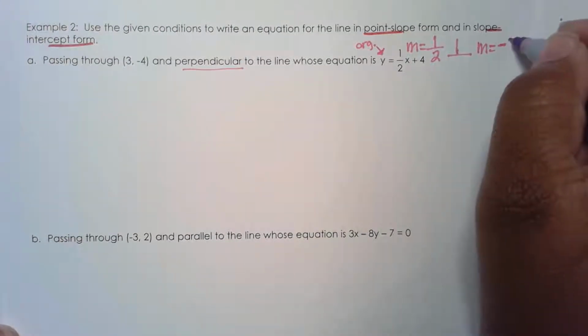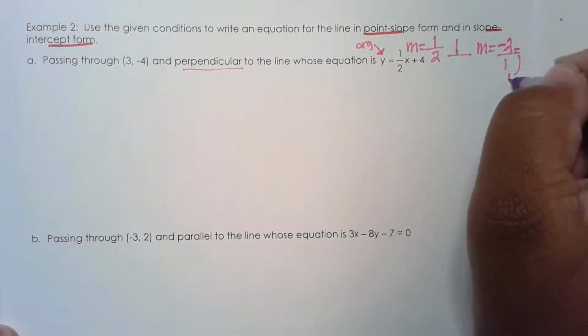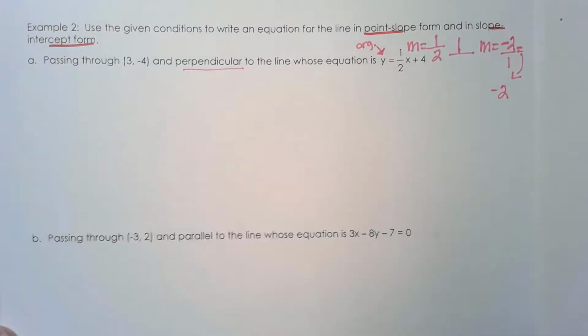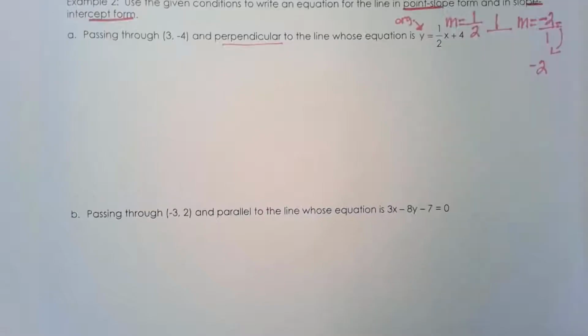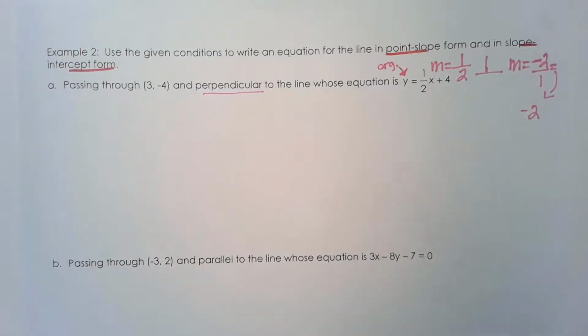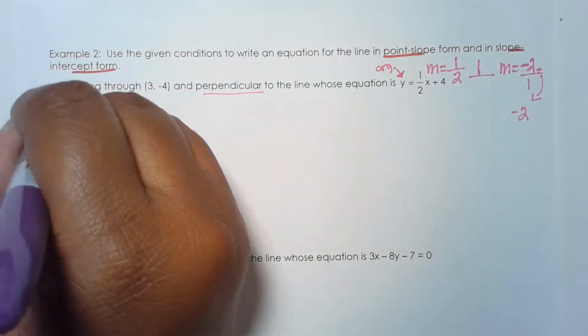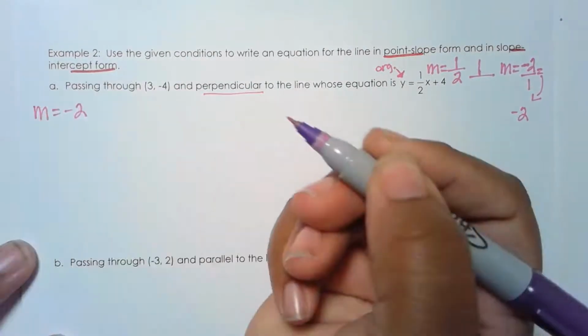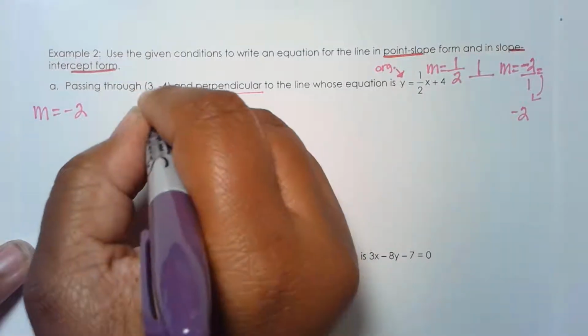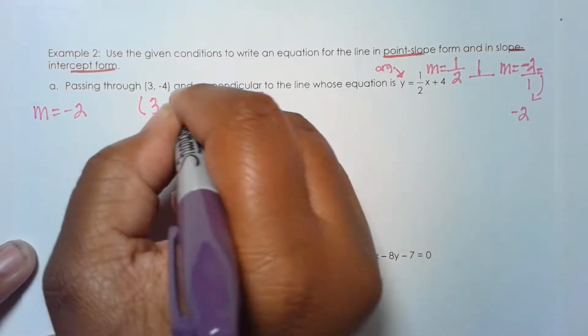That will be 2/1, or we can just say -2. Okay, so now you have your perpendicular slope, which is -2, and it passes through the point 3 comma -4.